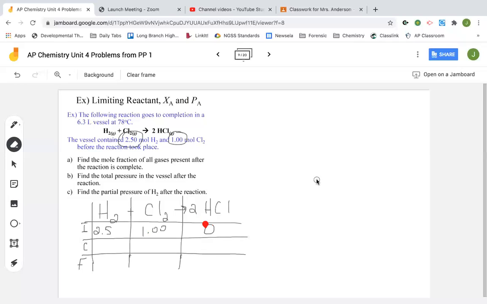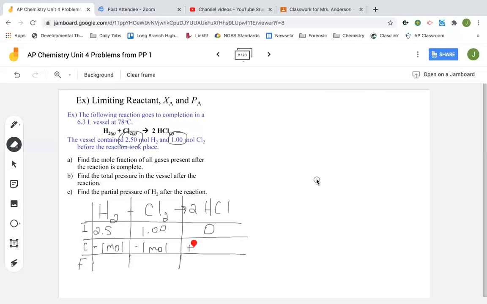In our second row, we're going to use the coefficients in front of the compounds in the balanced chemical reaction. So for our change for our reactants, we're going to subtract 1 mole for H2, 1 mole for Cl2, and then for our product, we actually add.